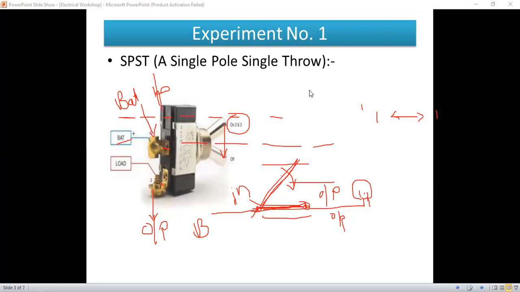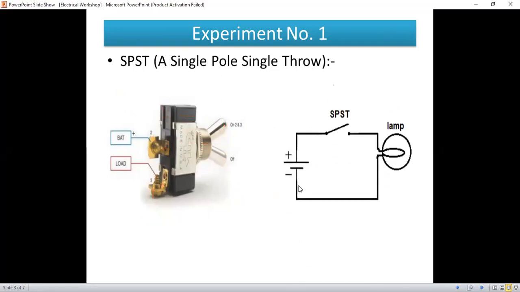I will show one connection diagram to you, where it can be used, that is, an application of this type of switch. See here, one battery is given, and here one SPST switch is put in between the lamp and the battery, and here the load is connected as a lamp.